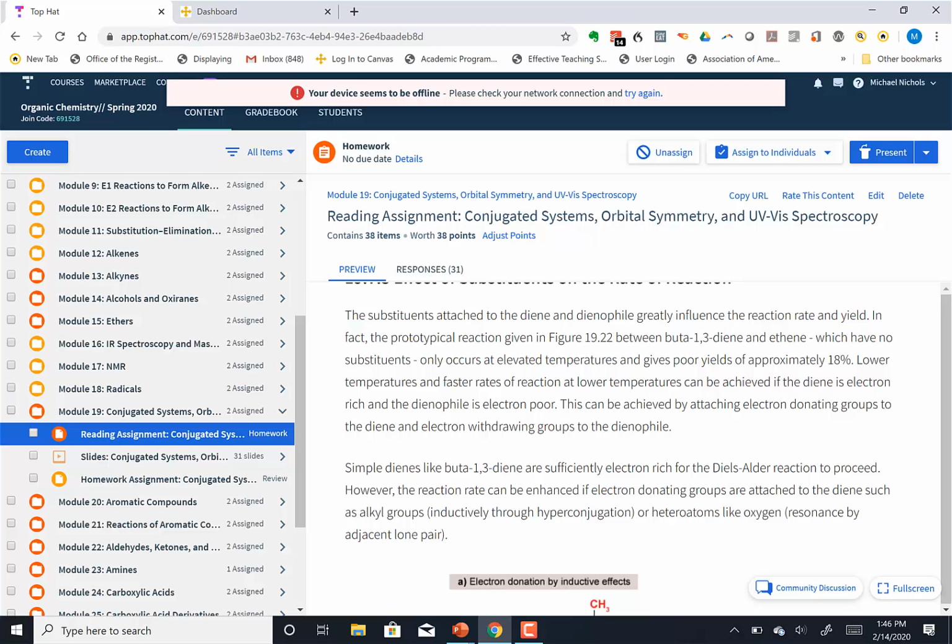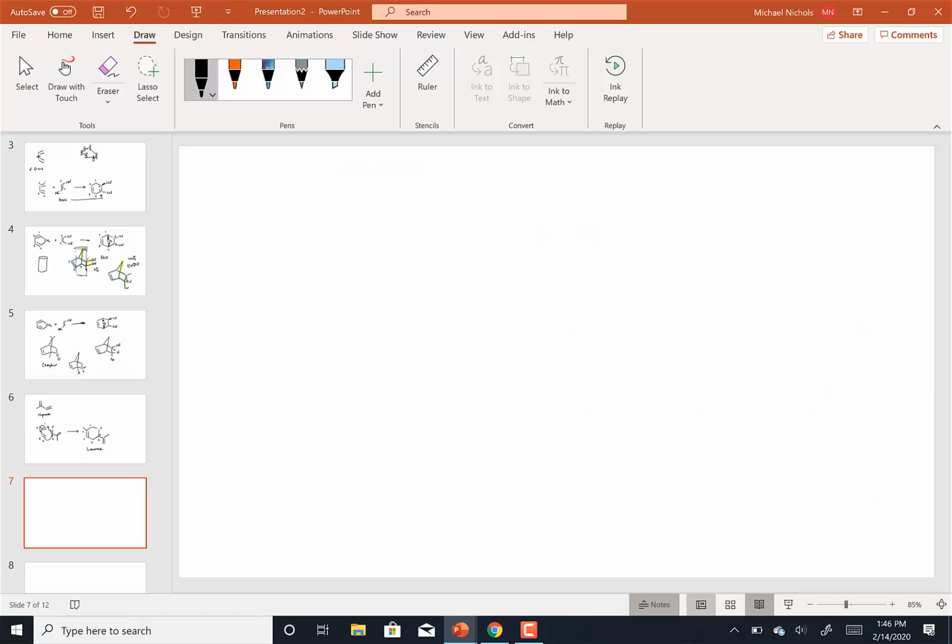So how do we make the diene electron rich and the alkene electron poor? What we do is we add electron donating and electron withdrawing groups to those.